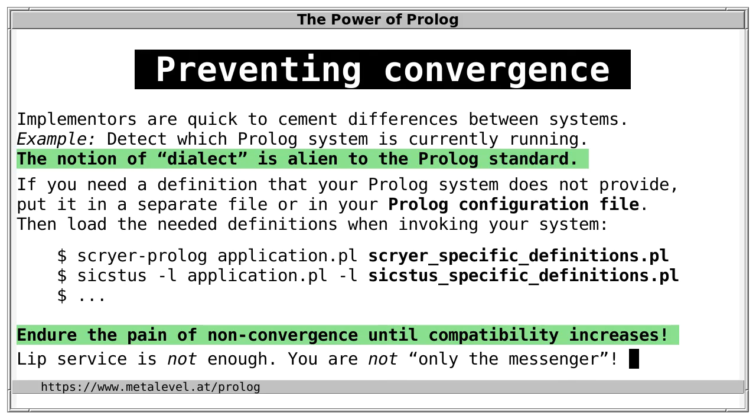Because then it's in your own interest to prevent convergence between systems. Or at least it has the appearance. So we wait it out instead of adopting practices that only cement the difference between systems. And in the interest of convergence, we are not testing which system is currently running.